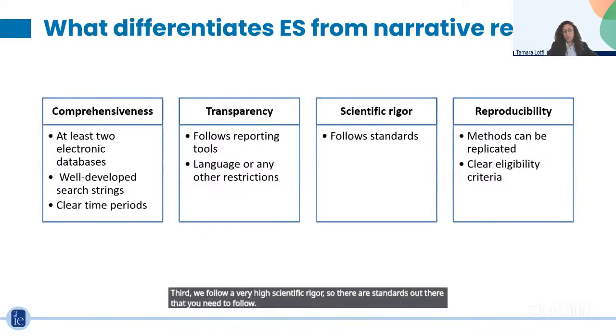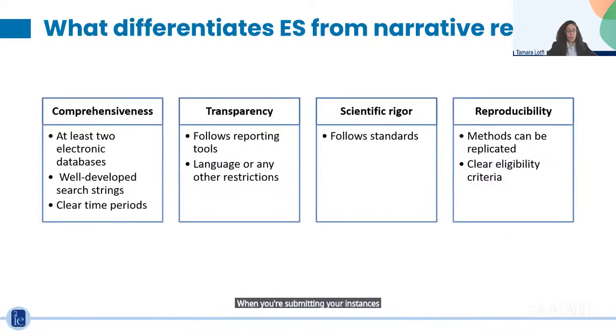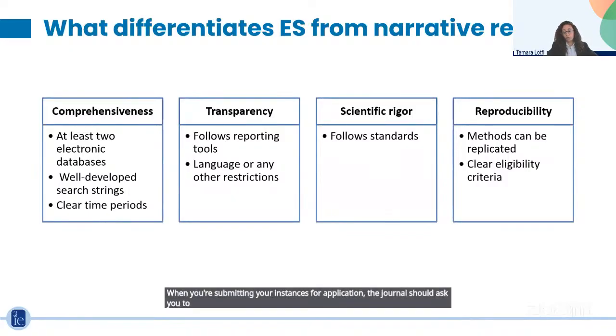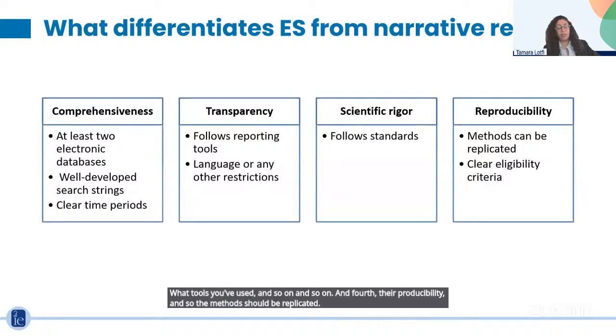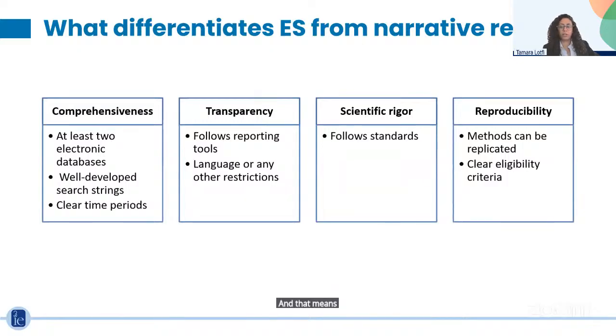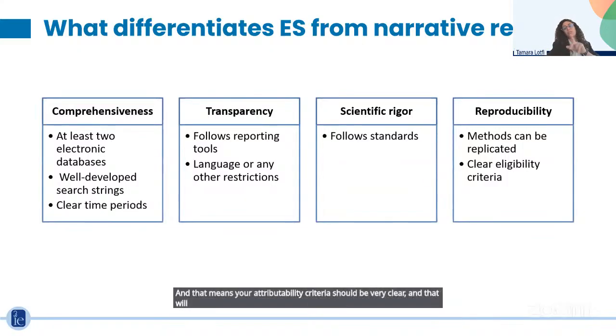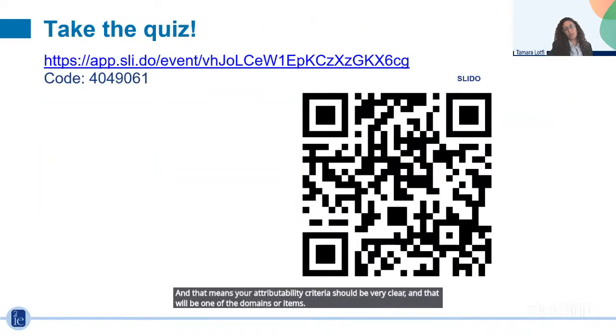When you're submitting your evidence synthesis for publication, the journal should ask you to cite the tools that you've used to report on your studies, but also, if you've assessed the quality of included studies, what tools you've used, and so on. And fourth, reproducibility, and so the methods should be replicated, and that means your eligibility criteria should be very clear, and that will be one of the domains or items in reporting standards.